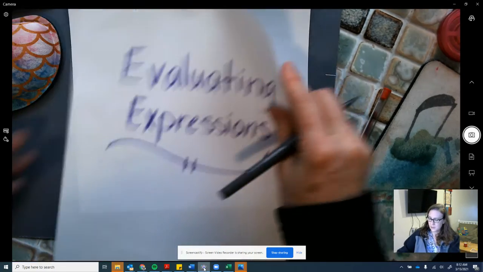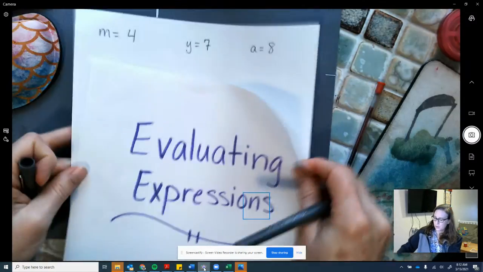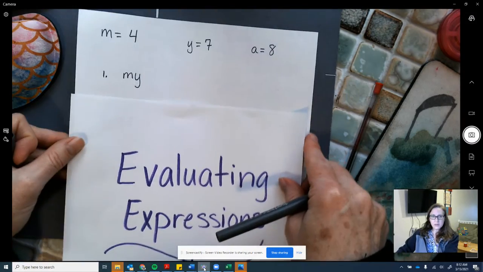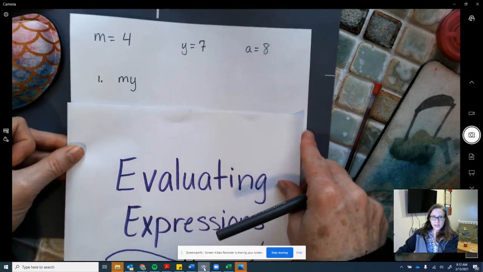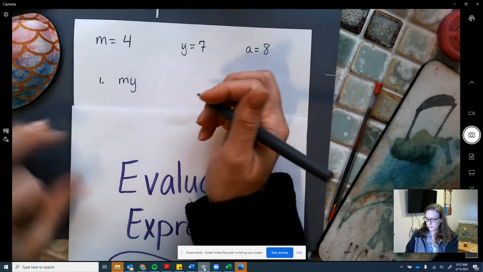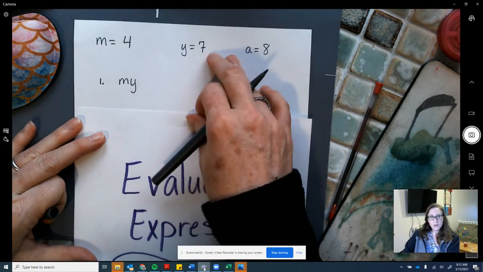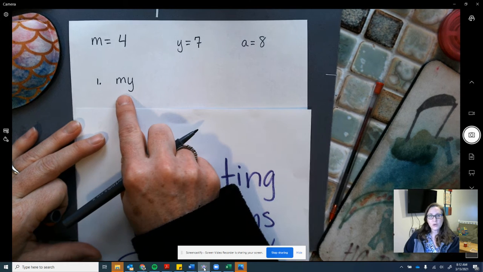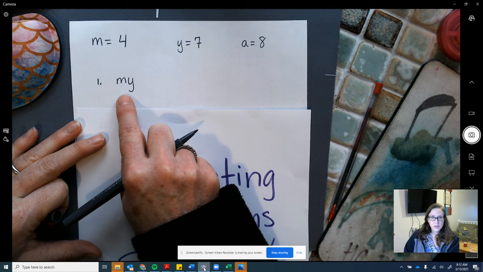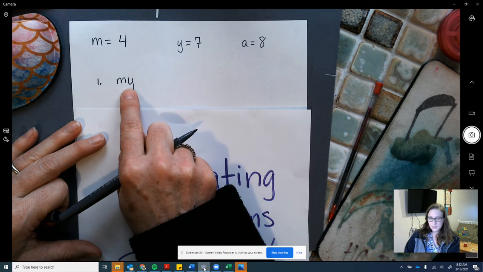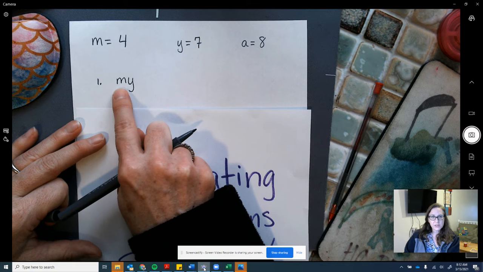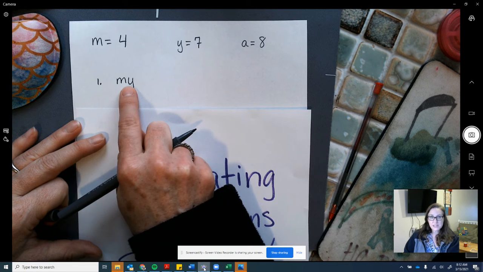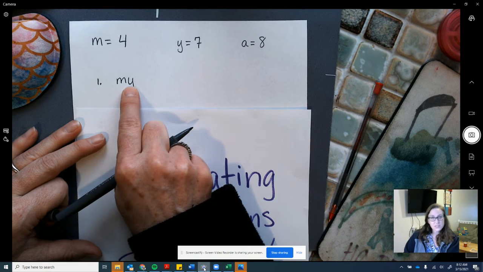This time we are given what M, Y, and A equal, and we need to solve them. And there are no numbers to start with. It's just M. What does it mean when a letter is next to a number, or because each one of these letters represents a number? So what does it mean when a number is next to a number? Multiplication.